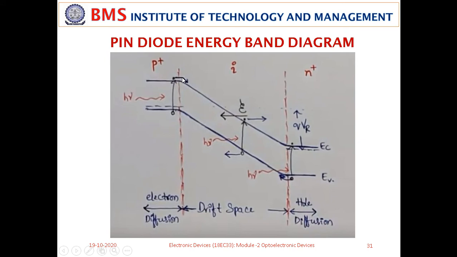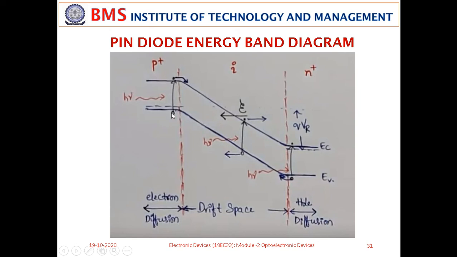Here we know that the electric field acts from the N plus region to the P plus region, and this field is very strong. It pushes the electron to the N plus region, and the hole is pushed back into the P plus region itself, because the hole direction and electric field direction are the same.